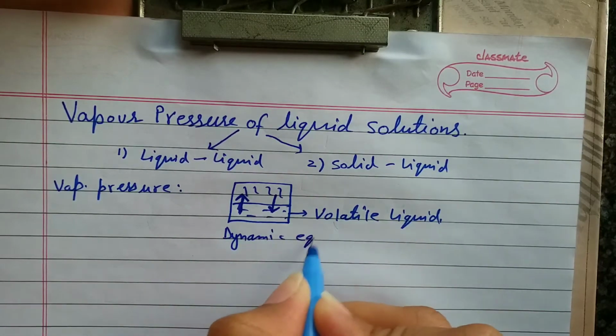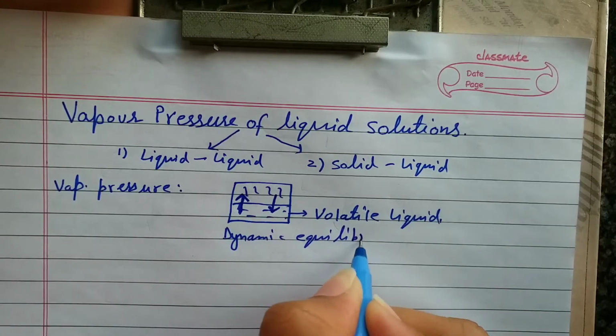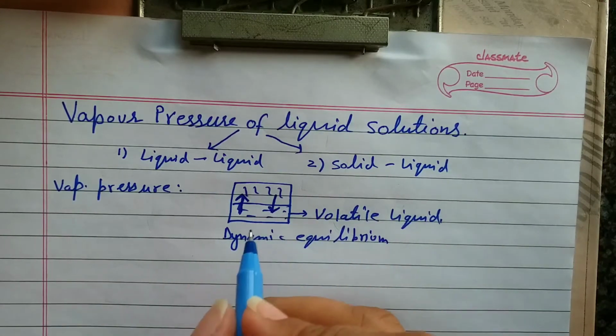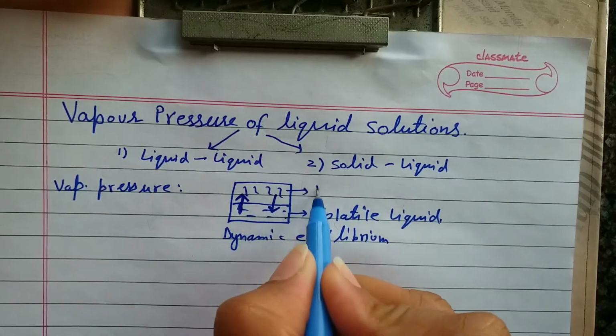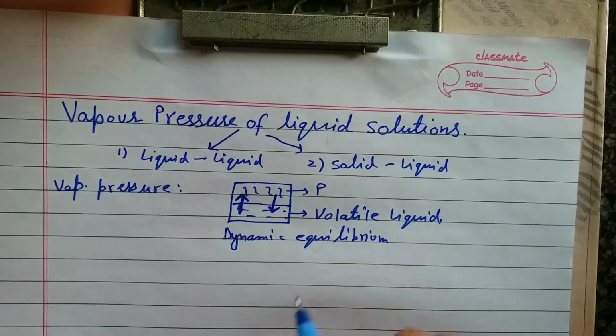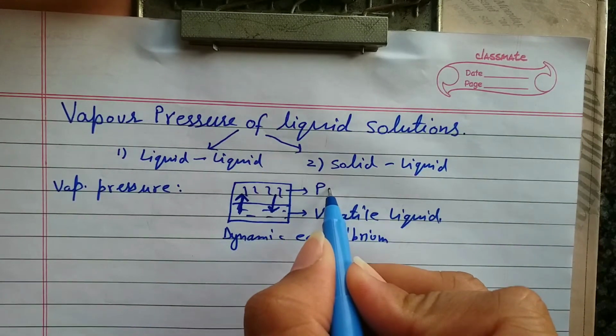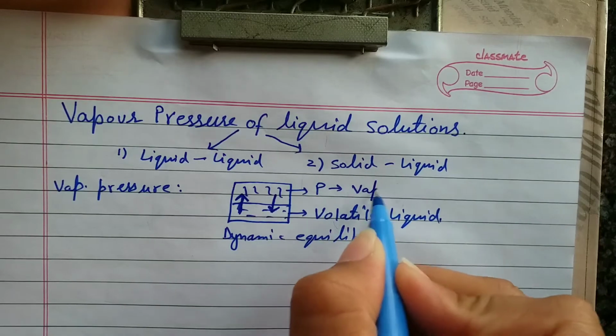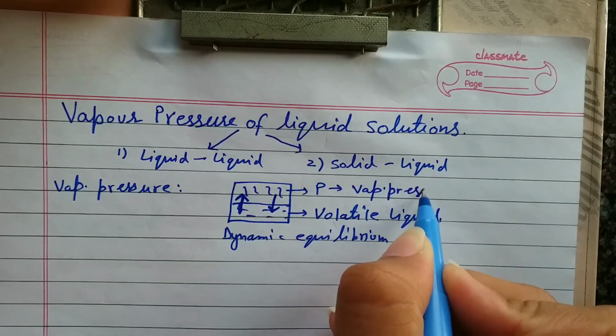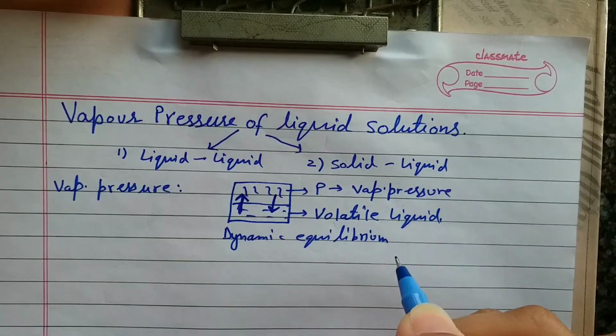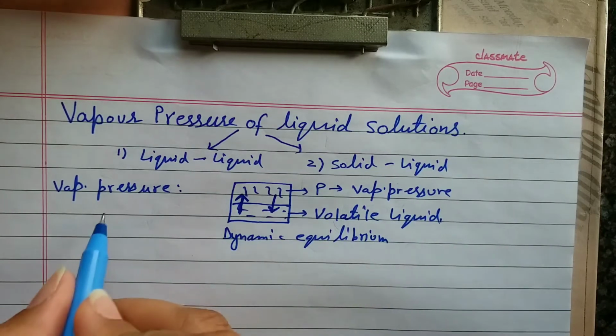Now, when the system attains dynamic equilibrium, at that point of time, whatever pressure these vapors apply is referred to as the vapor pressure. So how do we define vapor pressure?